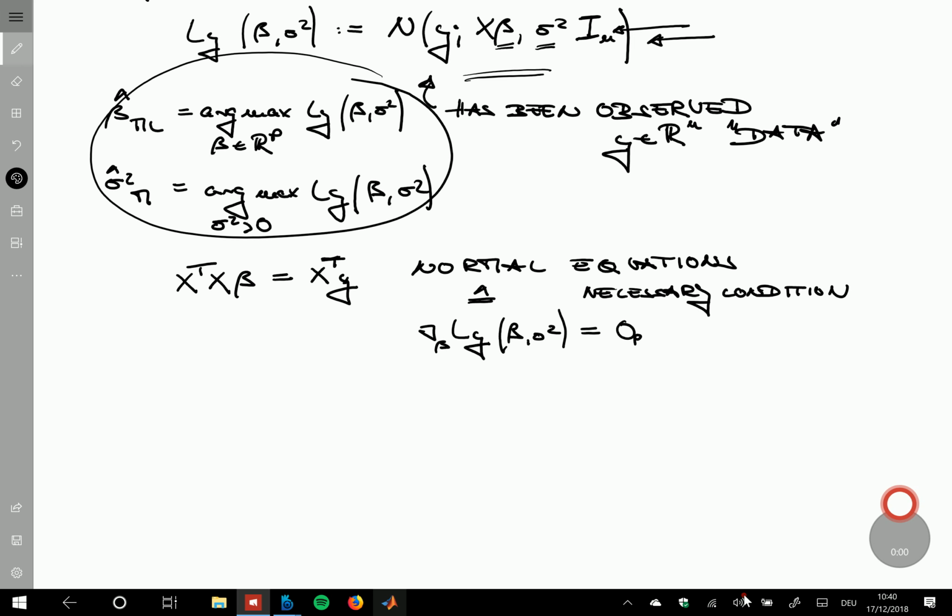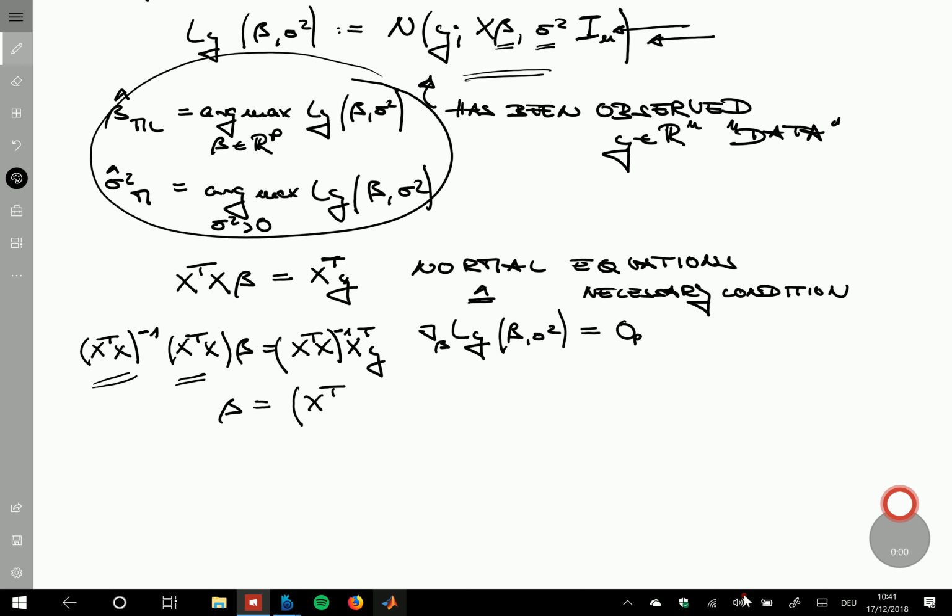So you multiply both sides with the inverse of X transpose X. And then you have the inverse of a matrix times a matrix, so that goes away, and you are left with this formula for the maximum likelihood estimator.